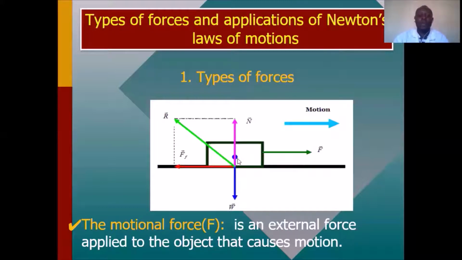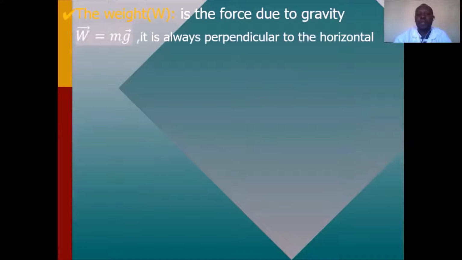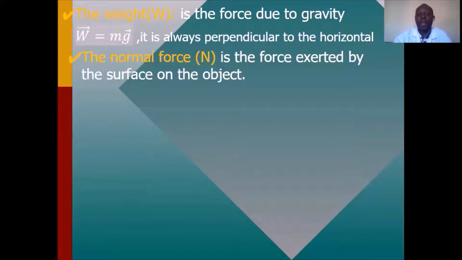Okay? In summary, the motional force is an external force applied to the object that causes motion. The weight is the force due to gravity, and it is equal to mass times acceleration due to gravity. The weight is always perpendicular to the horizontal, whereas the normal force is the force exerted by the surface on the object.